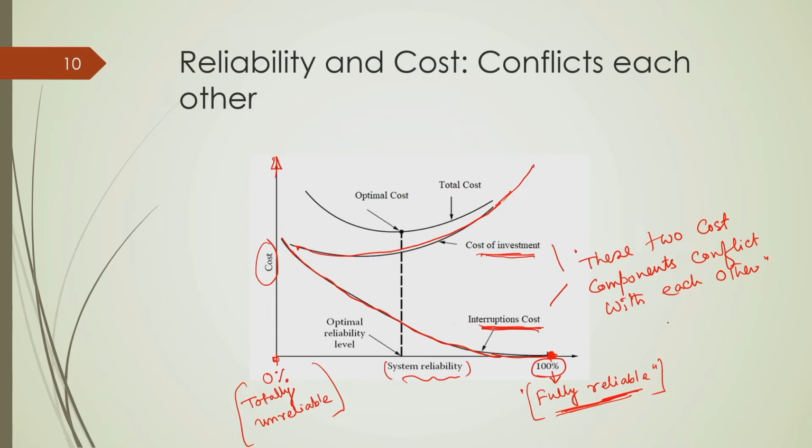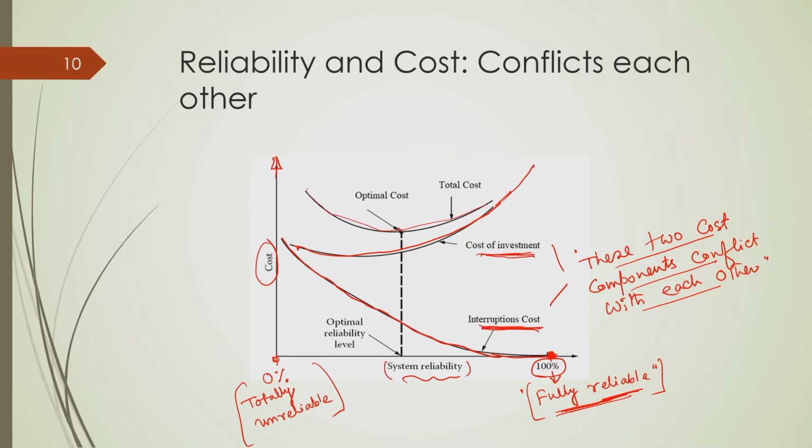Okay. Although they conflict with each other, if we aggregate them, because both ultimately represent cost and the units of both functions are the same, what characteristic will we get? We will get a characteristic like this.